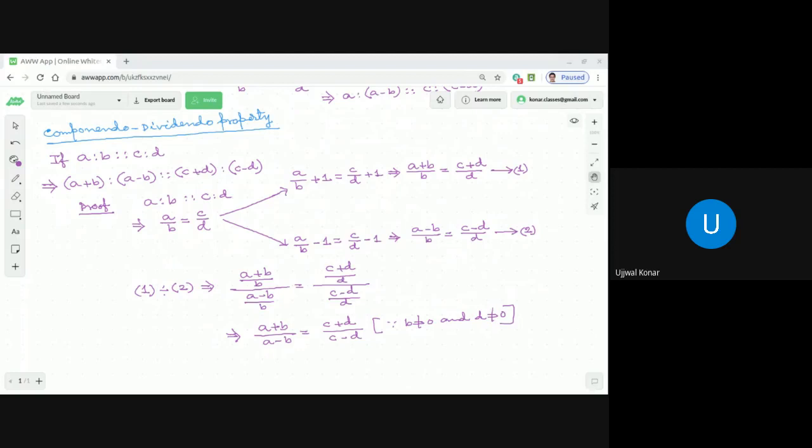The last property in this series is known as the equivalent ratio property. What is the equivalent ratio property? That we are going to see now. And that is the last property in this series.